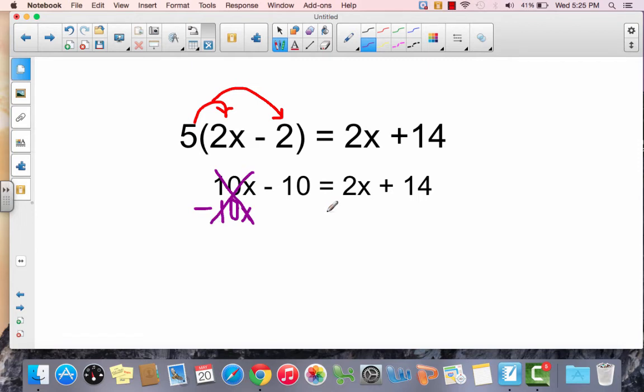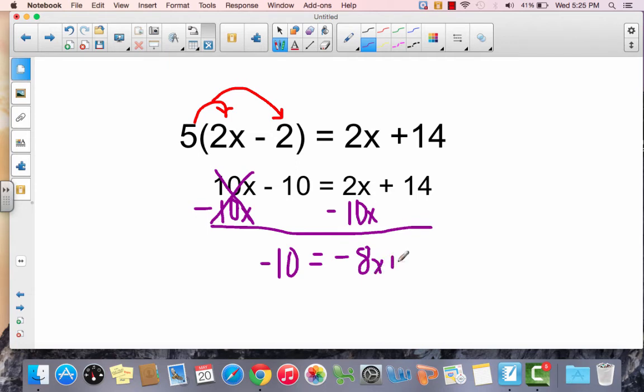And if I subtract 10x on the left, I have to subtract 10x on the right. So we'll subtract there. What I'm left with is negative 10 equals 2x minus 10x is negative 8x plus 14.